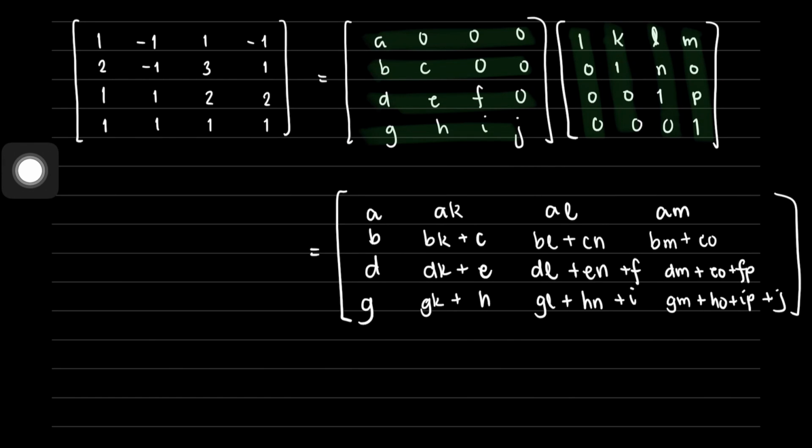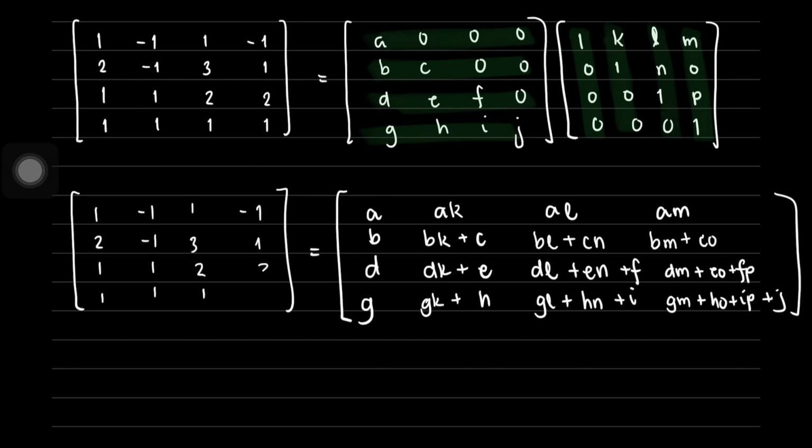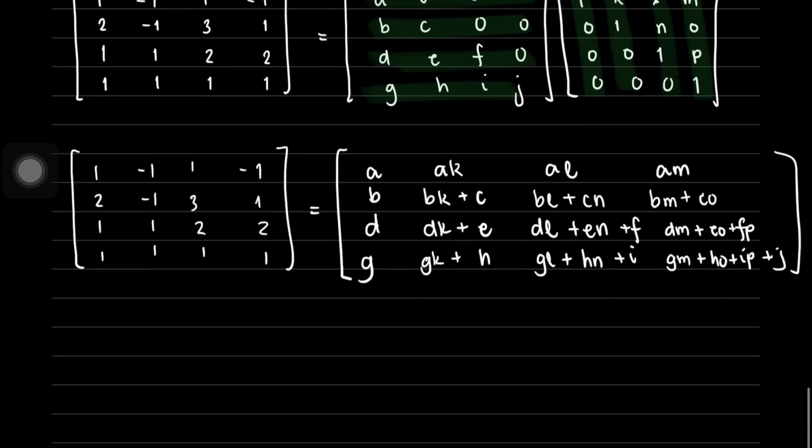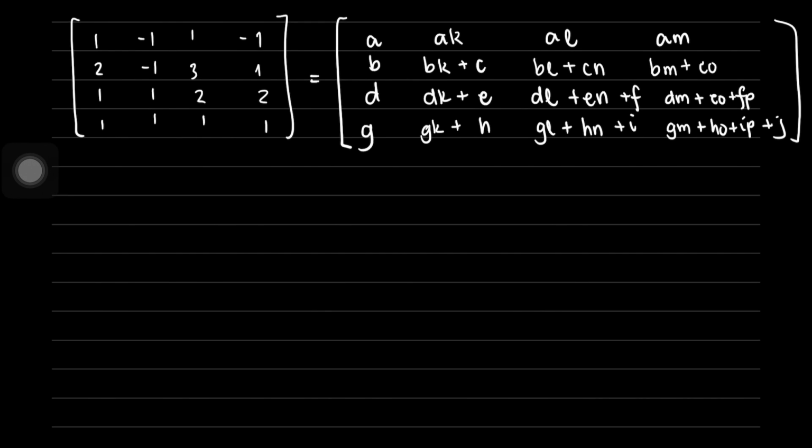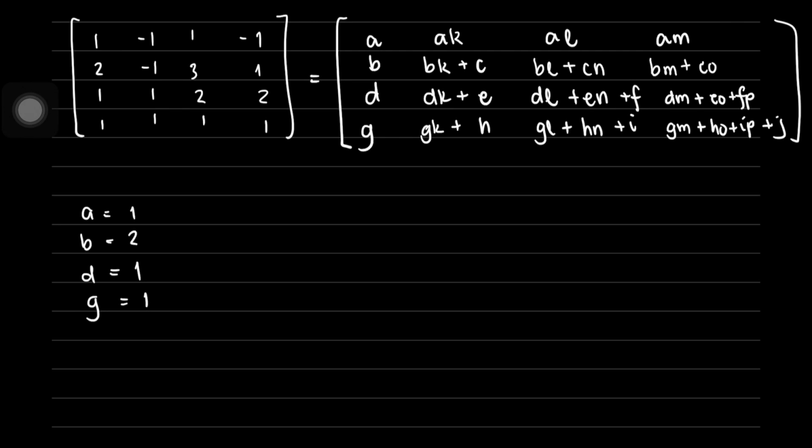So, if we write the coefficient matrix here, we have 1, 2, 1, 1, negative 1, negative 1, 1, 1, 1, 3, 2, 1, and then negative 1, 1, 2, and 1. So, if we equate the first column with the first column here, we have a equals 1, b equals 2, d equals 1, and g equals 1.